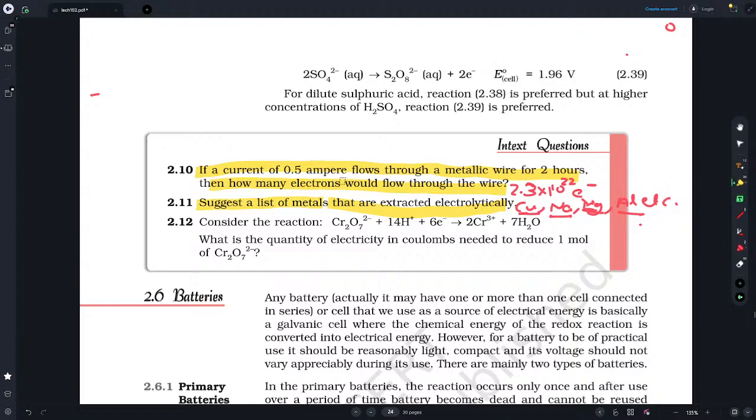Third question. Consider the reaction: Cr2O7 2 minus plus 14H plus plus electrons gives 2Cr3 plus plus 7H2O. What is the quantity of electricity in coulombs needed to reduce 1 mole of Cr2O7 2 minus?